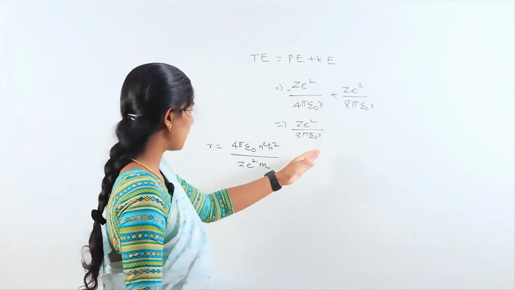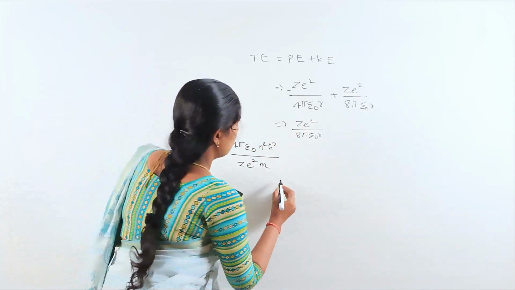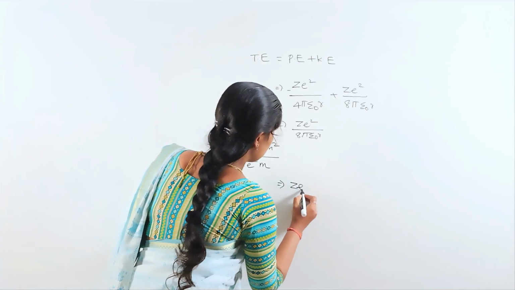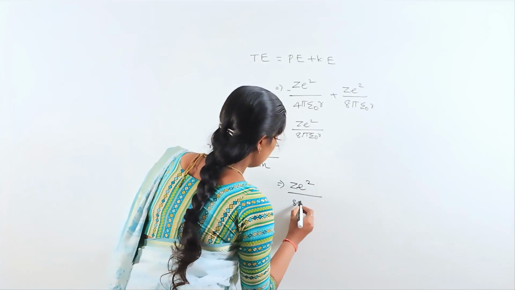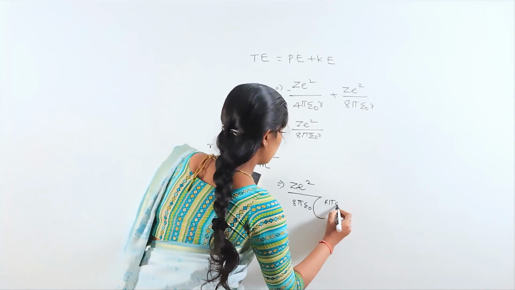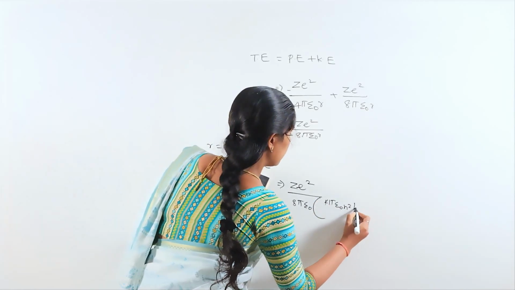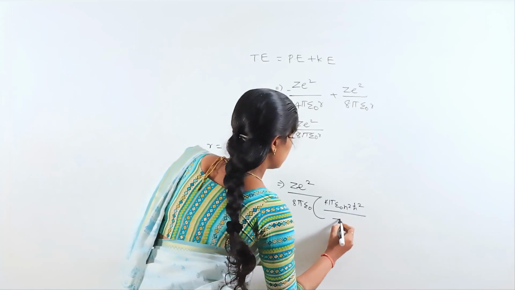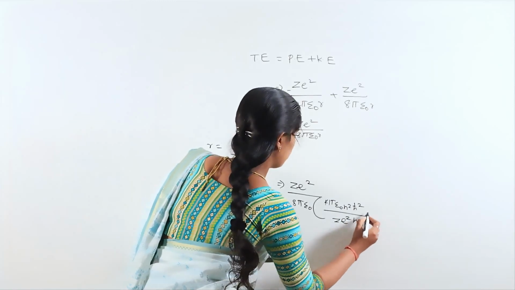So I am going to apply the value of r here: Ze squared by 8 pi epsilon naught, where r is 4 pi epsilon naught n squared h cross squared by Ze squared m.